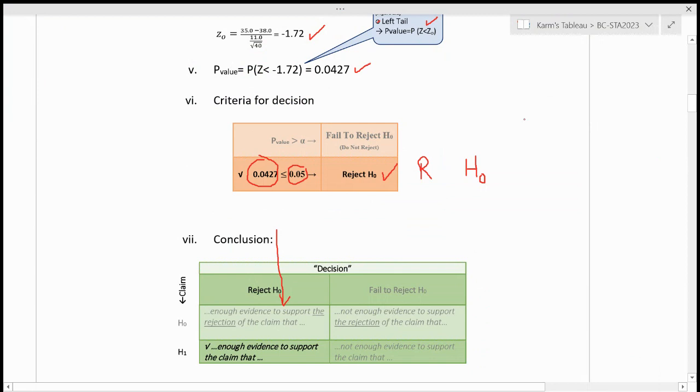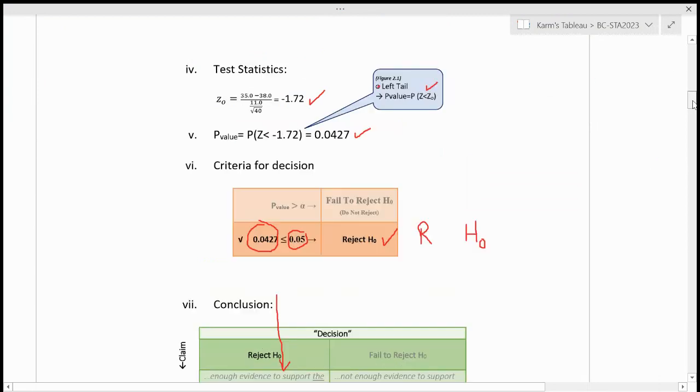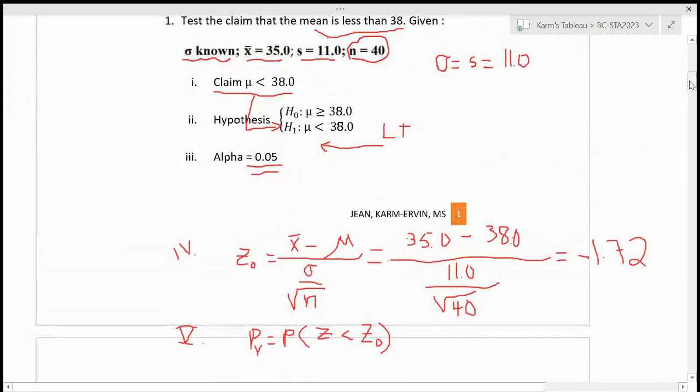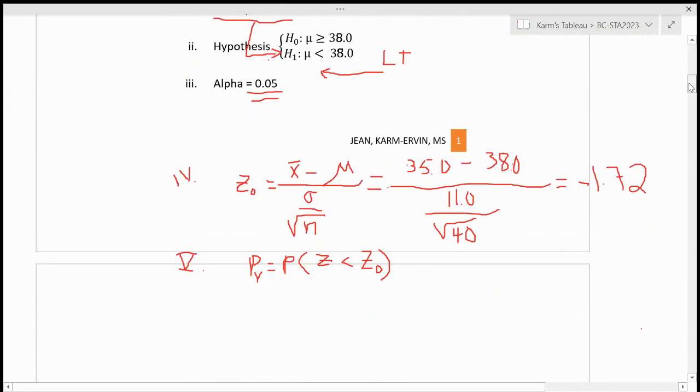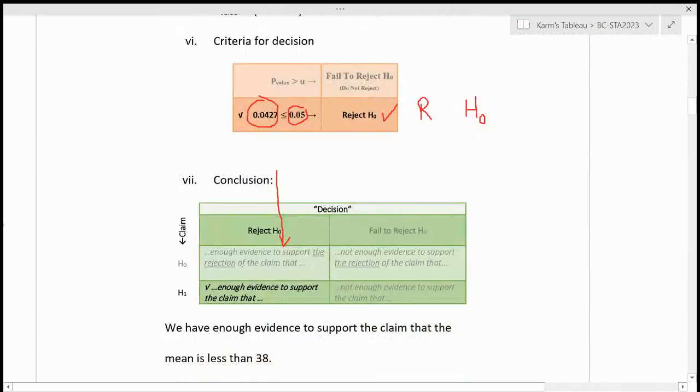Now remember that the claim was with H1. Just to remind you all of it, the claim was with H1. That's why we're over here. Because the claim was with H1, I'm going to be on the second row. From the second row, you see the first column and the second row, you hit this guy right here.